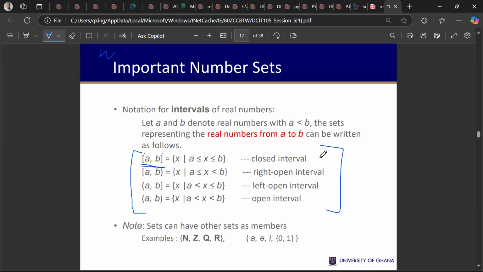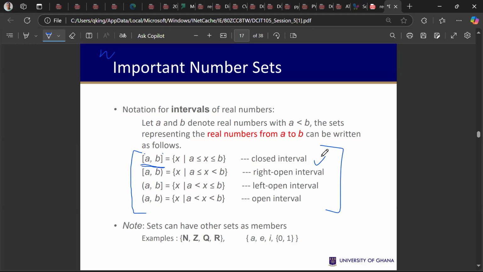So these are closed intervals. The first example is a closed interval. Why is it a closed interval? This is because it includes all real numbers x that are greater than or equal to a, and less than or equal to b.